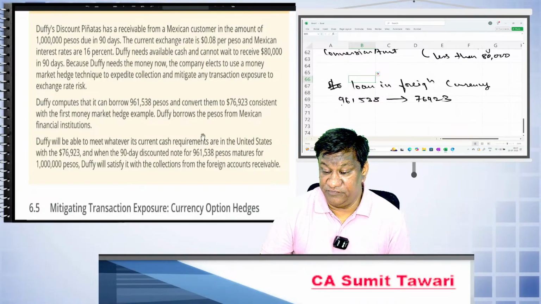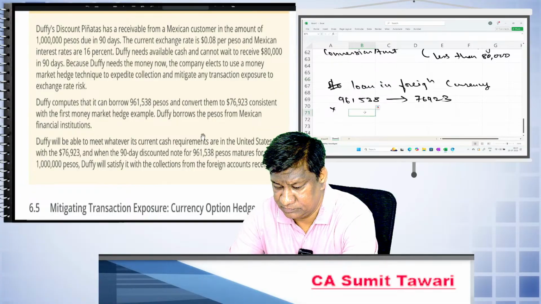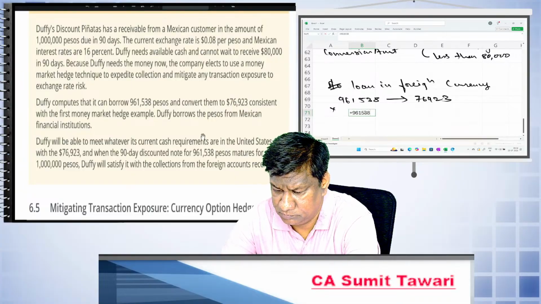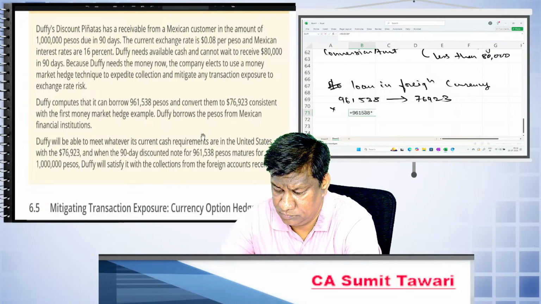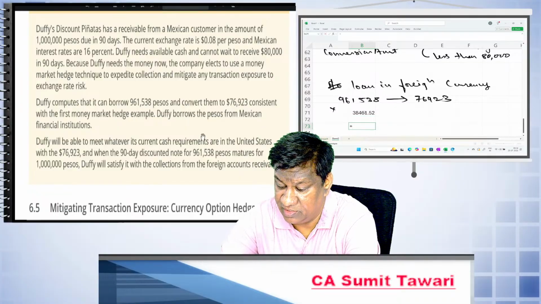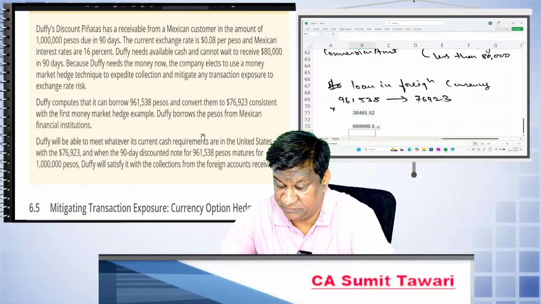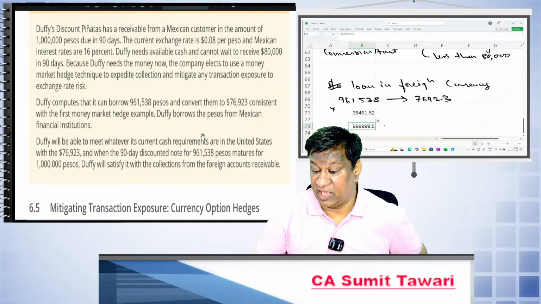And we are going to pay the interest on it. Say for 4%, the amount of interest is 38,461, and then 961,538 plus this interest is almost 1 million. So whenever I receive this amount, I will clear this loan.